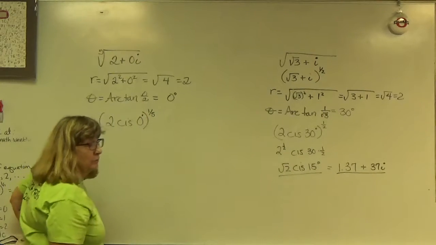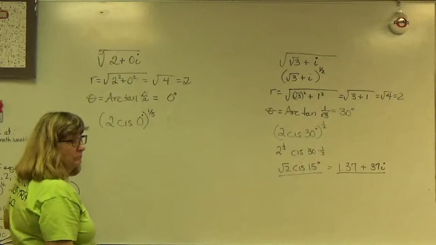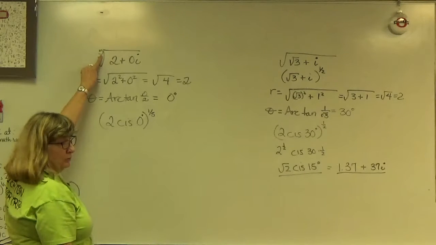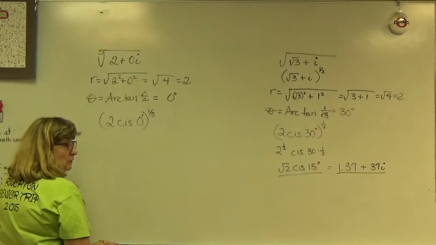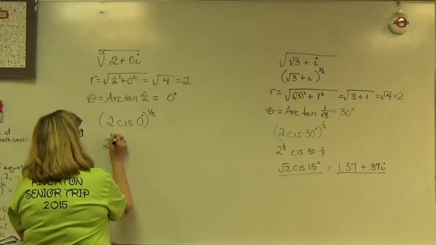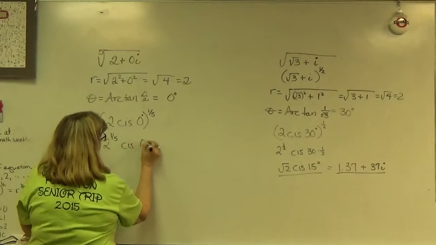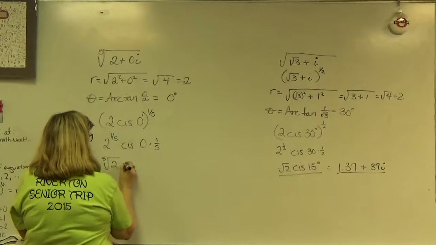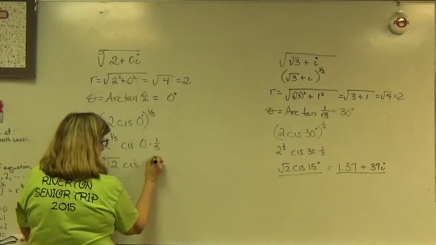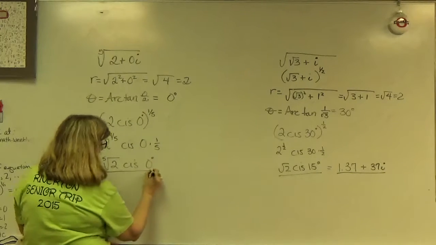Does everybody see where I got the 1/5 from? 1/5 power says it's the 5th root. So now what do we do? 2 to the 1/5 cis 0 times 1/5. So this ends up being the 5th root of 2 cis 0. So there's one answer.